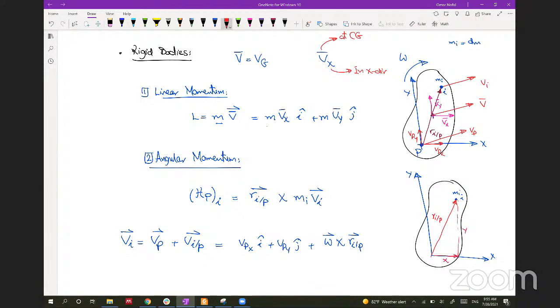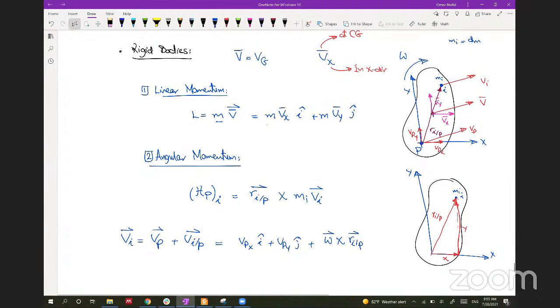So something like this and something like that. Okay, so let's get back here. Now we know the velocity. Let's substitute v_i here, and we have r_iB right now.